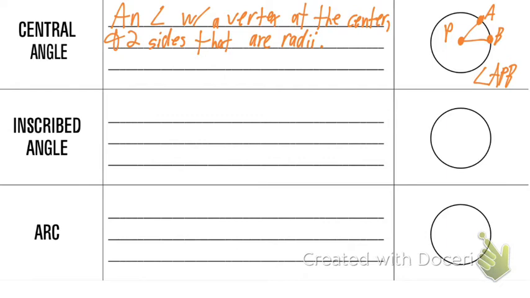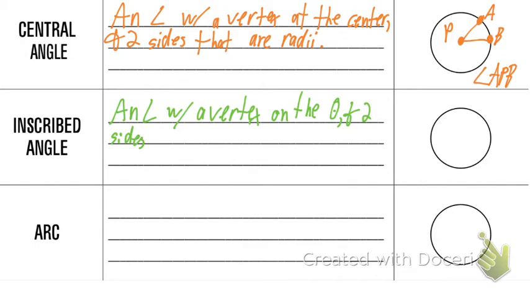All right, inscribed angle. It's also an angle, shocker, with a vertex on the circle instead of in the center, and two sides that are chords.